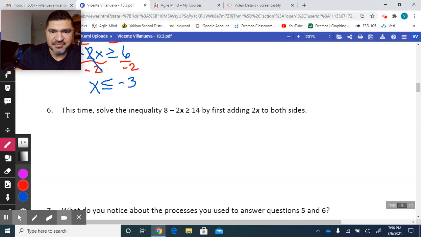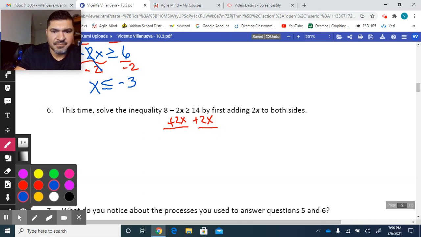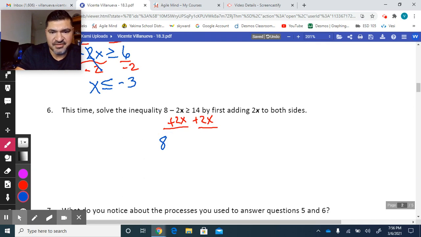We have to get rid of this minus 2x, so we're going to put plus 2x on both sides. And so I bring down this 8, negative 2x and positive 2x, that cancels. The sign is going to stay the same. And I've got 14 plus 2x.